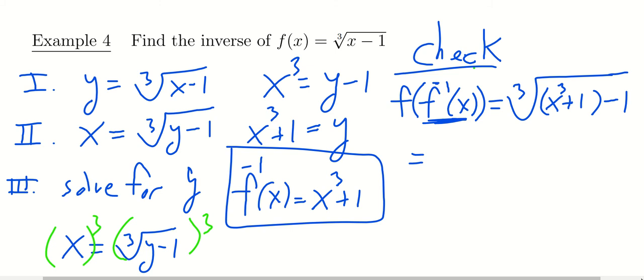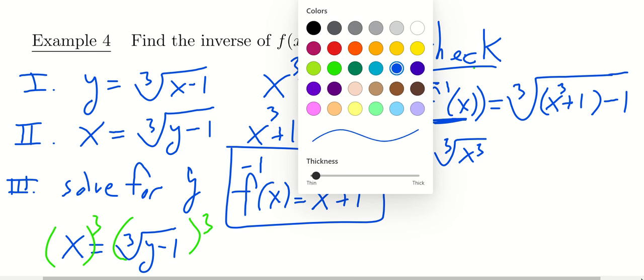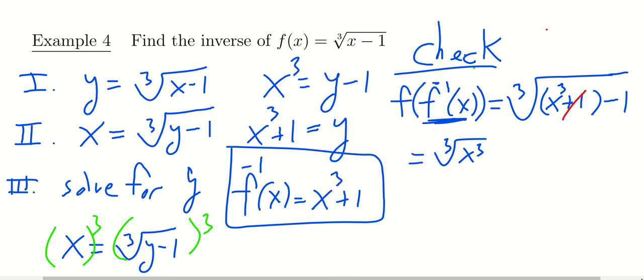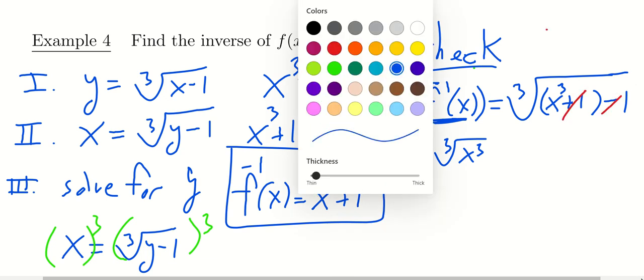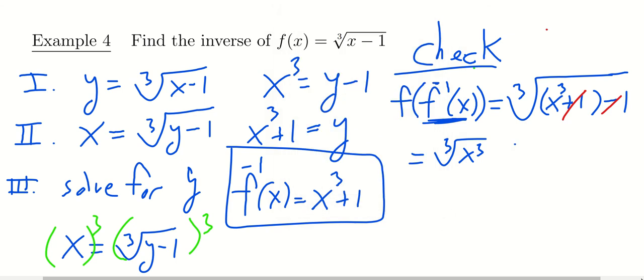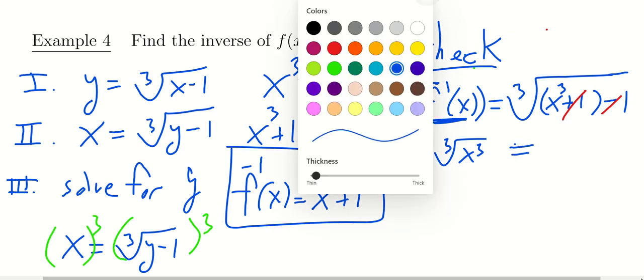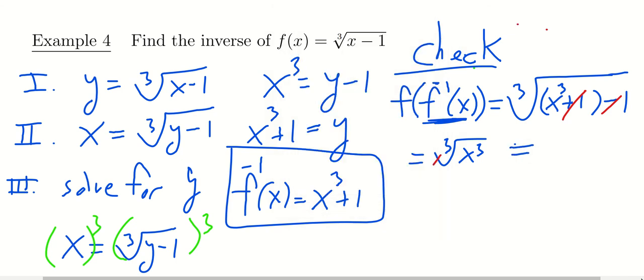On the inside, the plus 1 and the minus 1 cancel. Addition by 1, subtraction by 1 are opposite, so they cancel. That now leaves us with the cube root of x cubed, which are inverses. The cube root cancels the cube, and so that does produce the output of x.